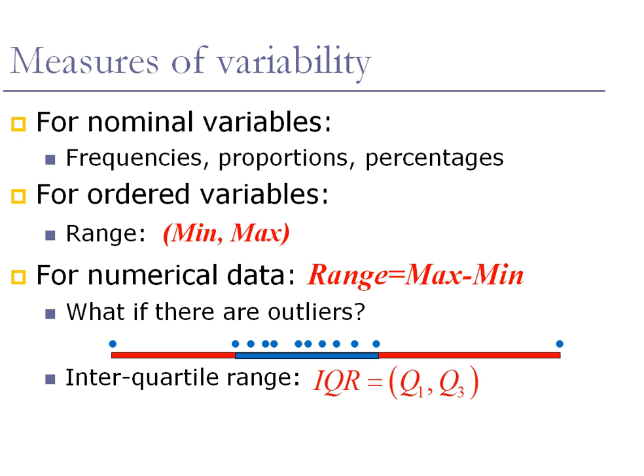By interquartile range, we can mean the pair consisting of the first and the third quartile, or we can mean the difference between the third and the first quartile. And as for the range, the more common interpretation and the more common use of the interquartile range is as the pair consisting of Q1 and Q3.